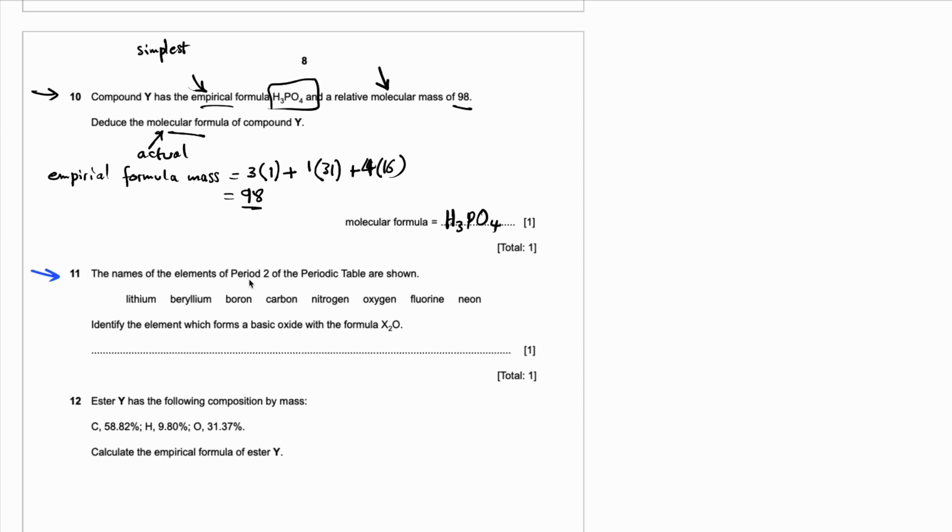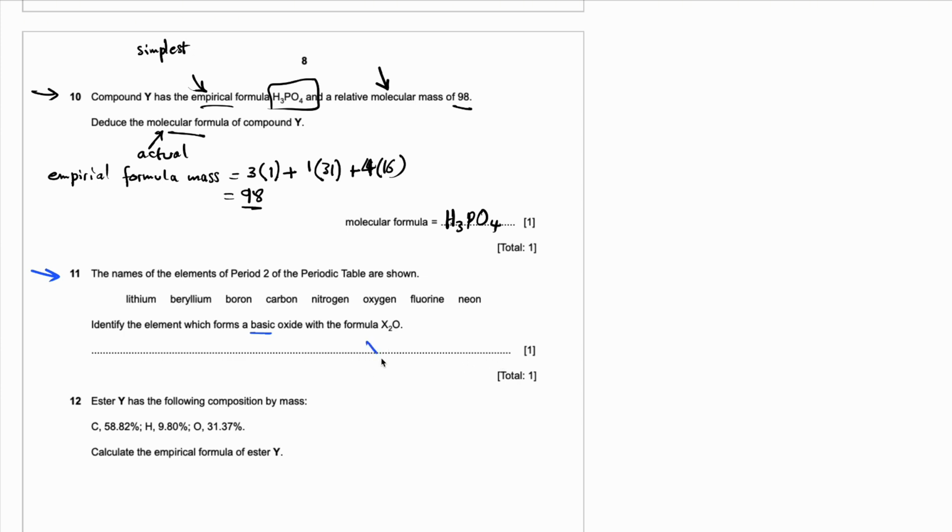The names of the elements of period 2 of the periodic table are shown: lithium, beryllium, boron, carbon, nitrogen, oxygen, fluorine, and neon. Identify the element which forms a basic oxide with the formula X2O. I'm not going to get into the idea of basic oxide now, but the formula was given as X2O. Let me just make it clear for you.